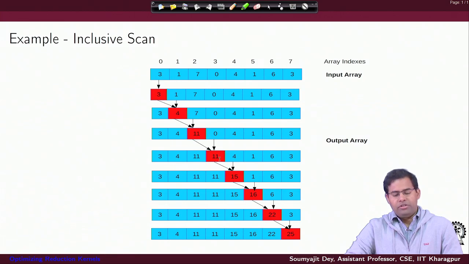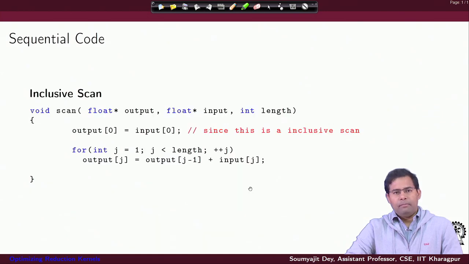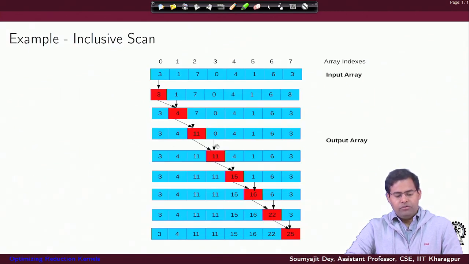So, that code is basically the behavior of one thread of computation iterating like this and providing the output array values. I hope this correspondence is clear to you. So, in a sequential code, this is how the program flow will go.